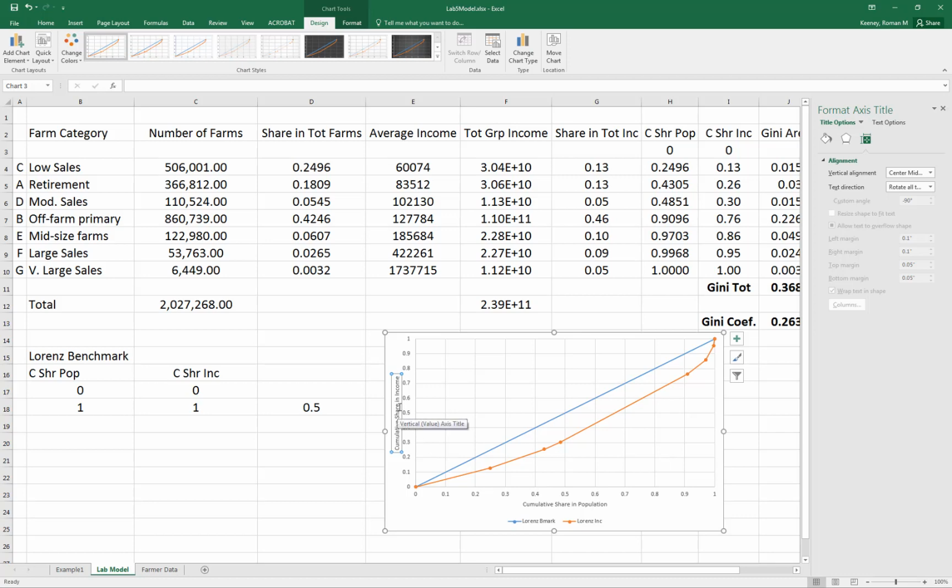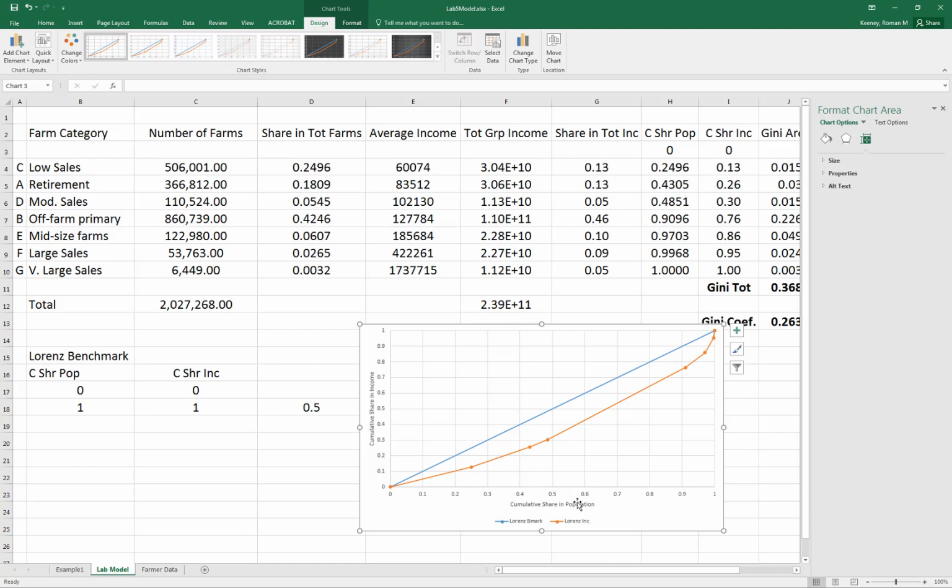And then of course, you can highlight these and make them bold or whatever, different sizes, not too important, but anyway, that's how you do that.